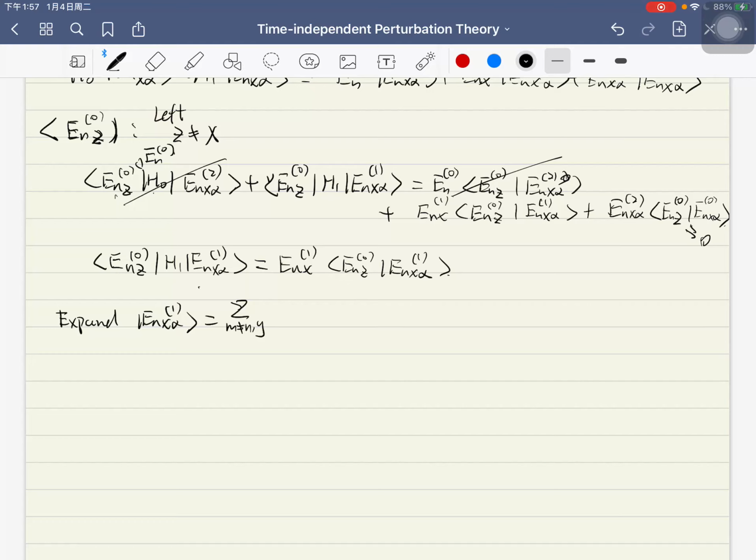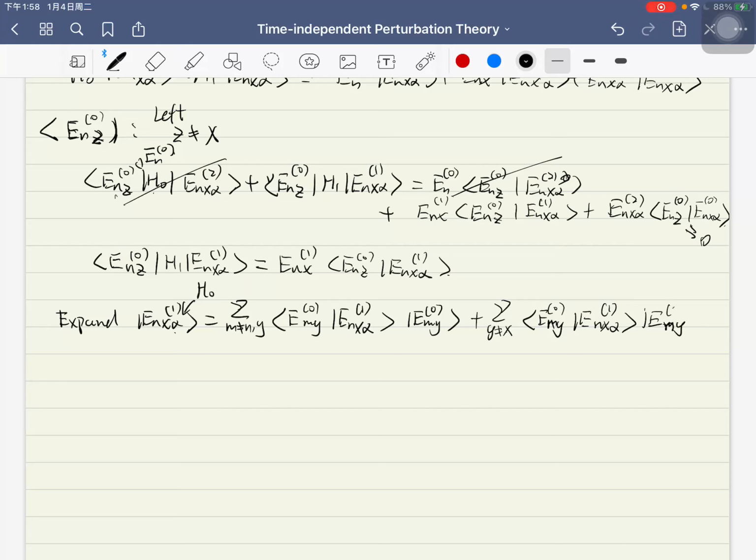We can represent it by the eigenvectors of H0, so it equals the sum over y not equal to x of |E_my^0> <E_my^0|E_nx alpha^1>, plus the sum over gamma, beta of the states with beta in the x subspace.